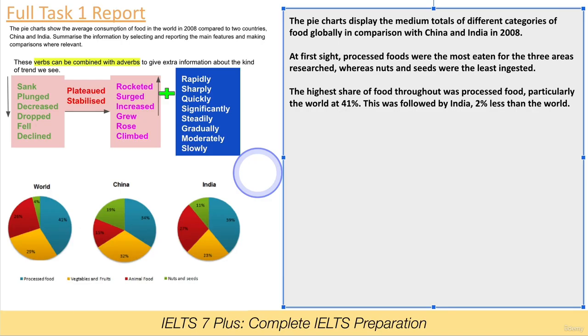This was followed by India, 2% less than the world. China, we could bridge the gap now because China's vegetables and fruits are also very high. So we could talk about that together and then head into vegetables and fruits.